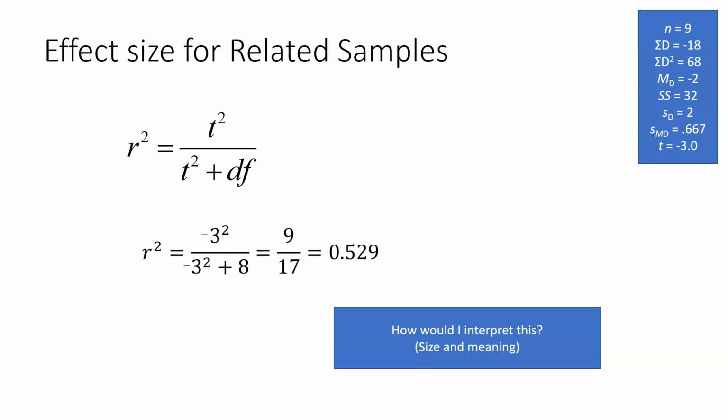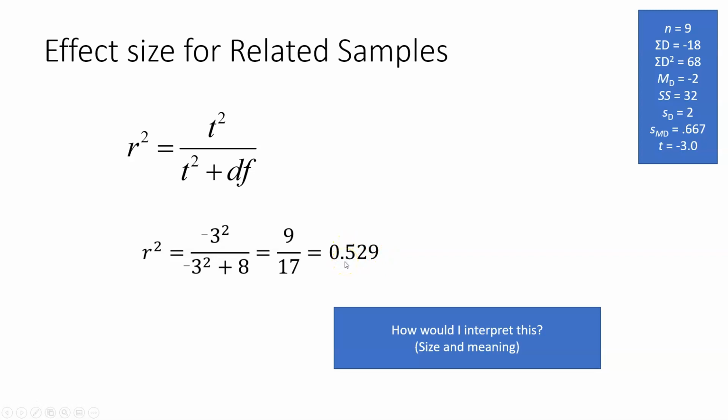So this is 0.01, 0.09, and 0.25 as small, medium, and large. This is 53%, 0.529. That's much higher than the cutoff for large, which is 0.25. And so we would say this is a large effect size.